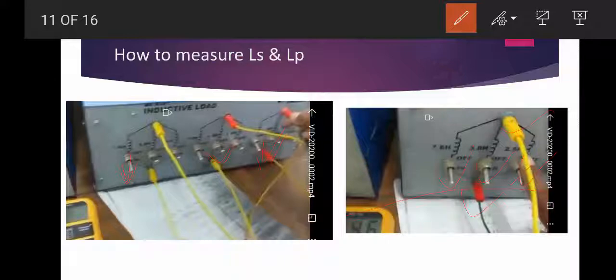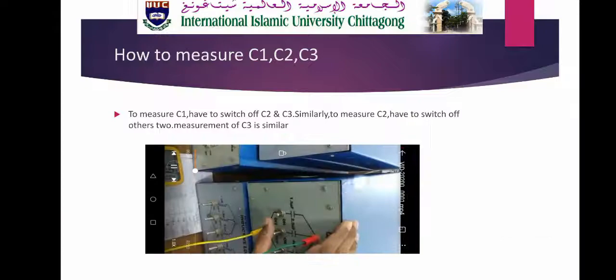On the right side figure, we connected inductors in parallel. This is how the wires should be connected. We have to switch on L1, L2, L3, and connect the two wires of the RLC meter. The two wires of the RLC meter are the 2 ends of the inductor load. Moving to the next slide.